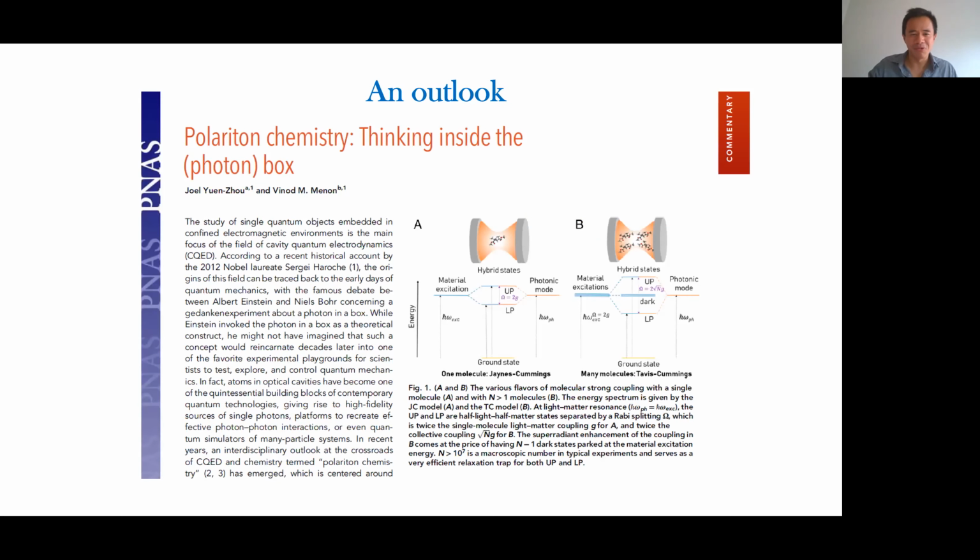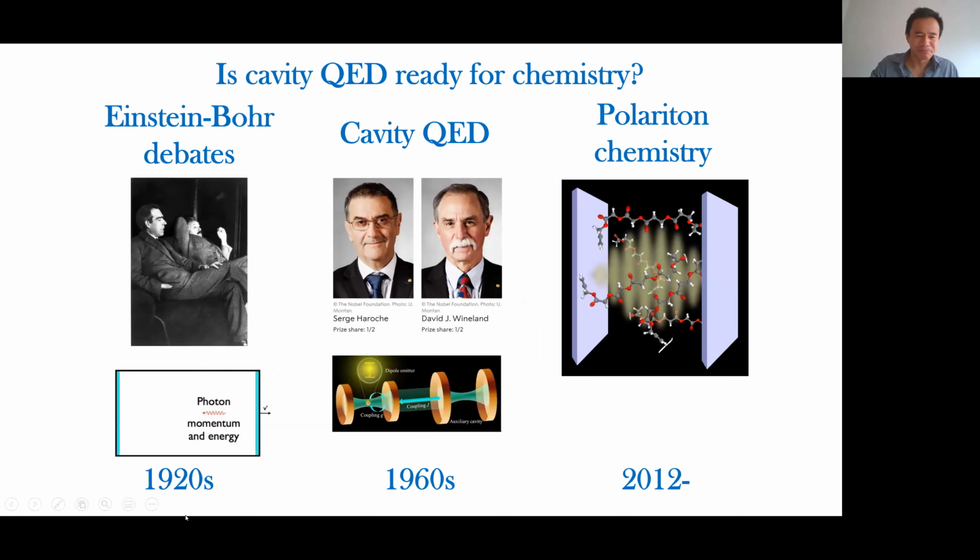And I just want to conclude by saying that we should think inside of the photon box, because in the past, Einstein and Bohr were thinking about photons in boxes, and Haroche and Wineland got the Nobel Prize for thinking about photons in boxes. Einstein and Bohr would be very pleased to know that Haroche and Wineland were really bringing their Gedanken experiment into real life.